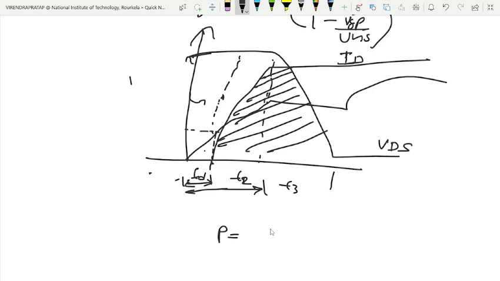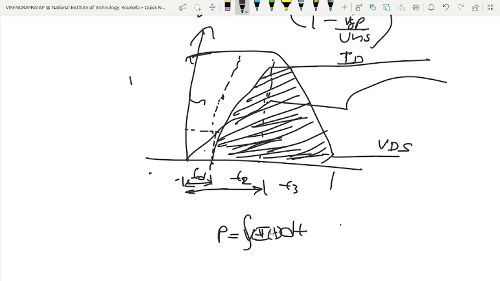We know very well, this is the area. Under the area, we get the switching losses, because we know very well power is equal to VI. This is instantaneous. Then I will consider this form.